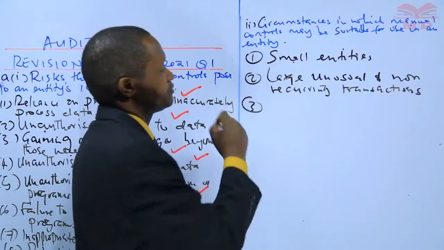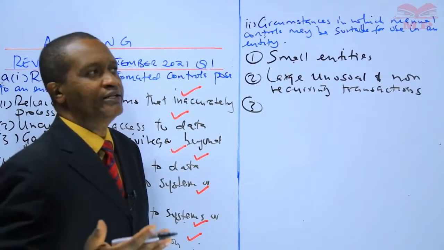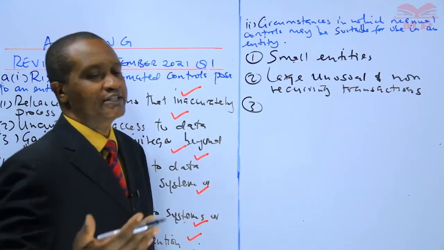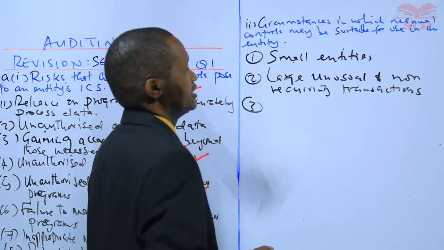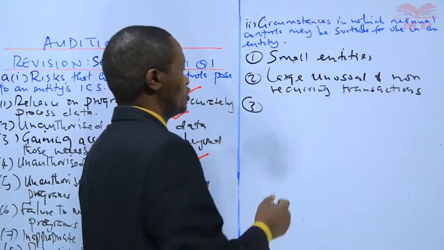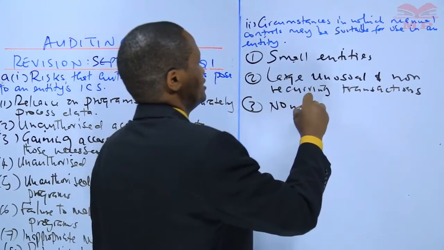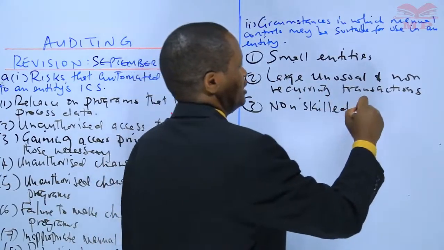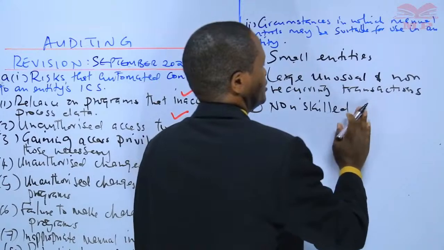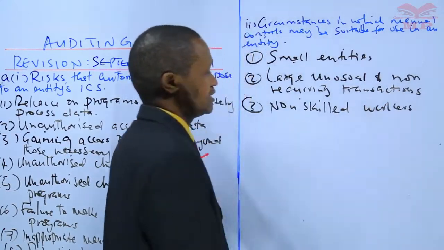The third circumstance is when there are insufficient skills. A company that has employees who are not skilled, a non-skilled labor force, non-skilled workers.